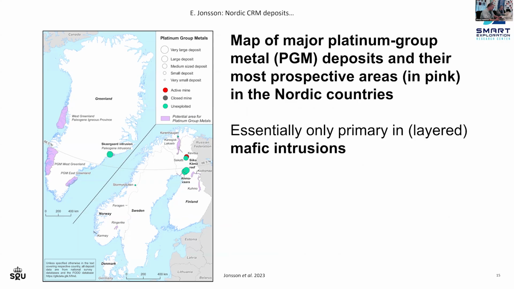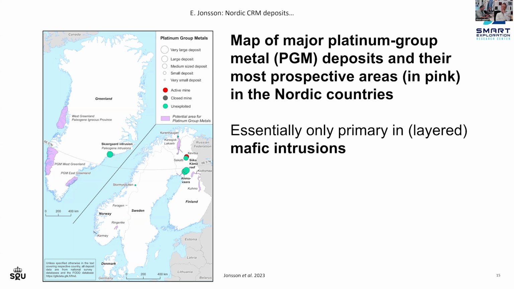Platinum group metals, well, with the exception of relatively large assessed potential exploration areas on Greenland, we have mainly just a few very specific layered mafic intrusions where we have known economic platinum group metal or PGM concentrations.